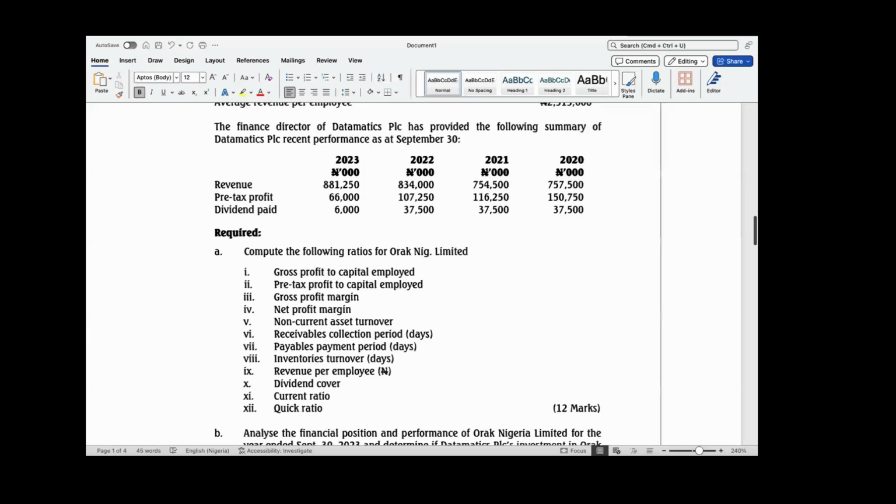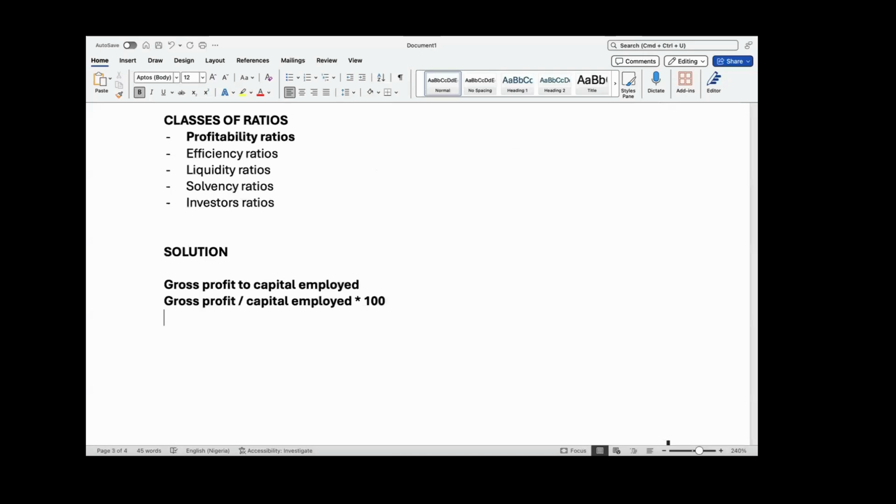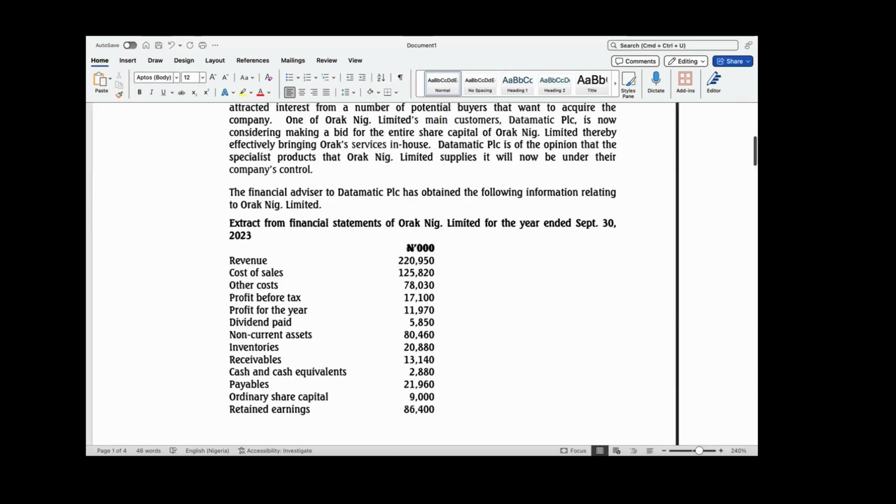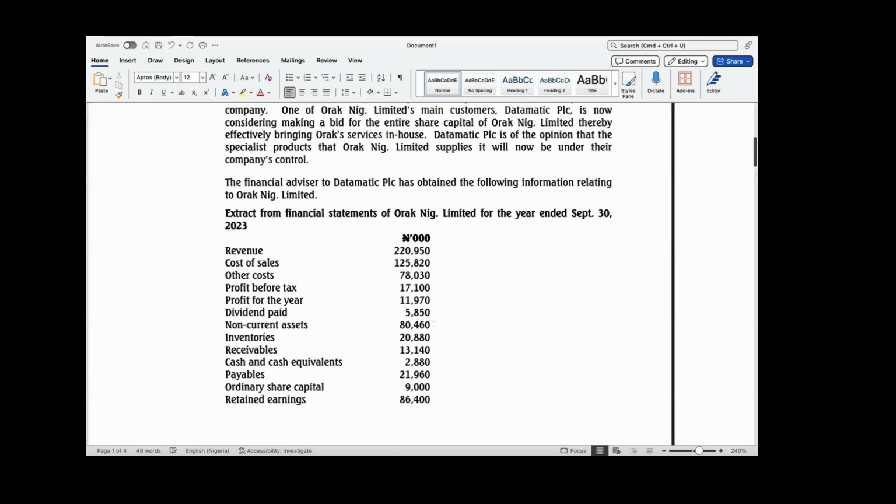That's the revenue minus cost of sales. Revenue of 220 minus cost of sales of 820. That's the gross profit.